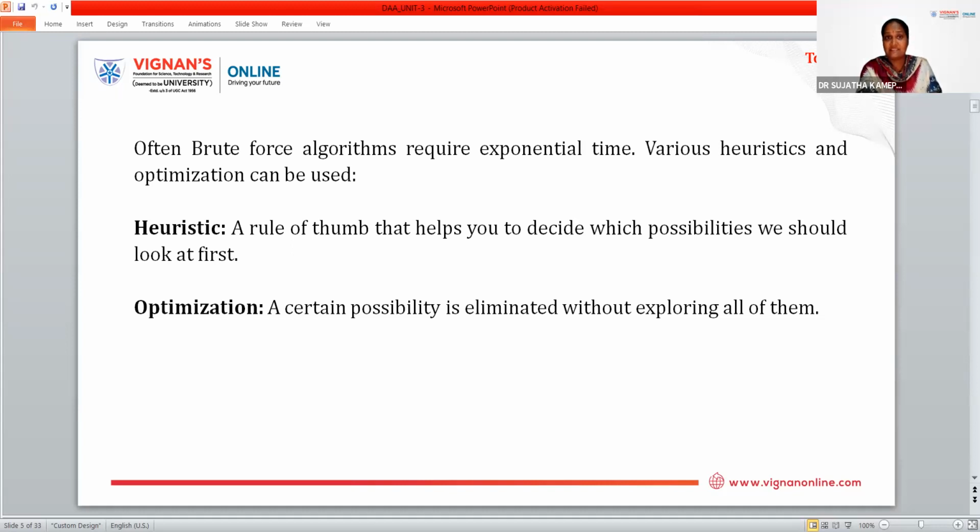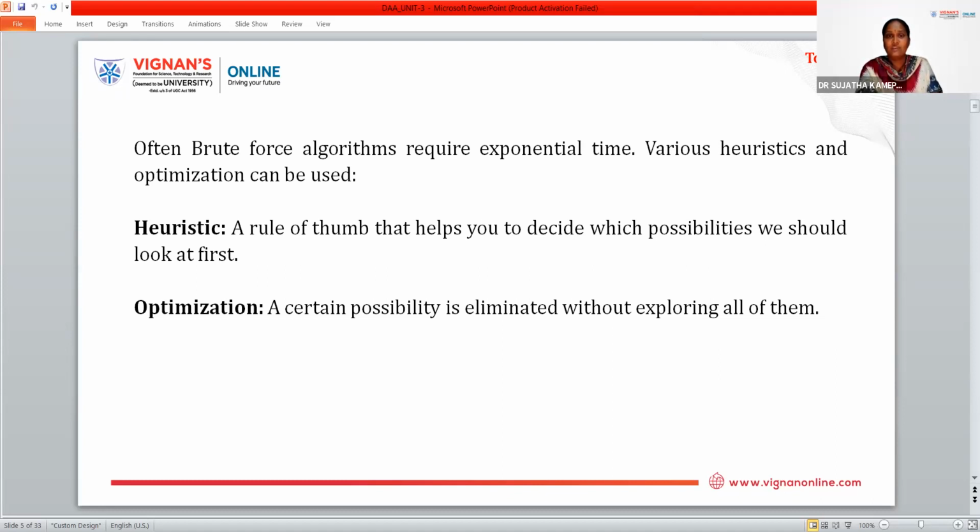This rule helps you to decide which of the possibilities we should look at first. Optimization means a certain possibility which is eliminated without exploring all of them. Without exploring the remaining possibilities, certain possibility can be eliminated since we cannot get solution from that.